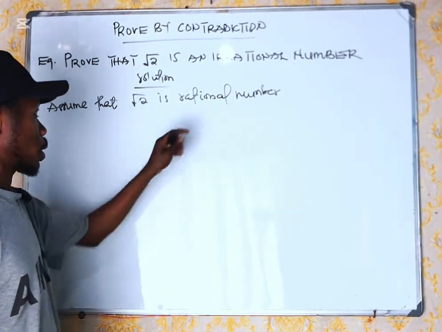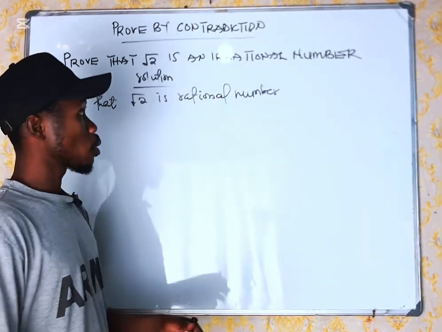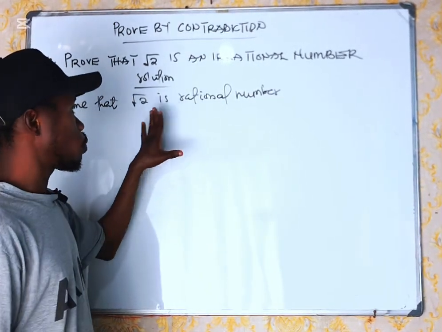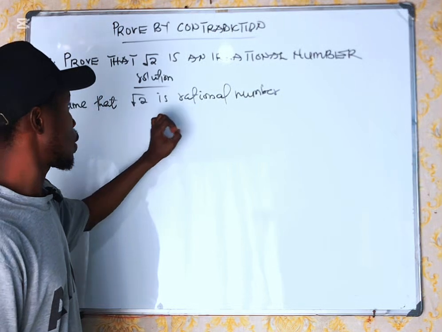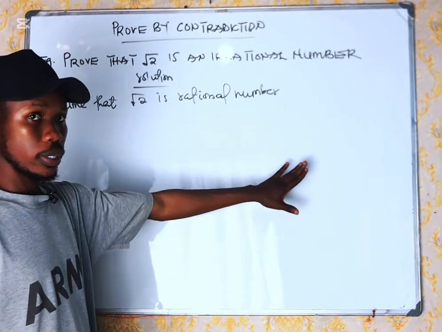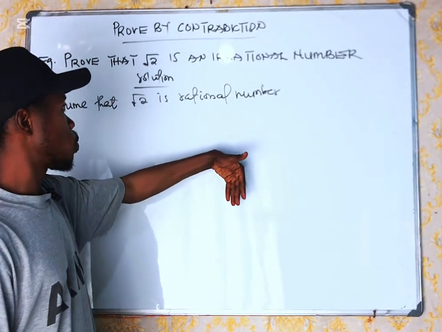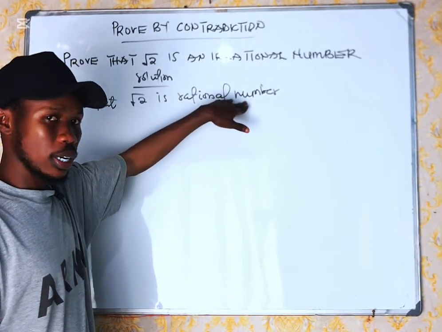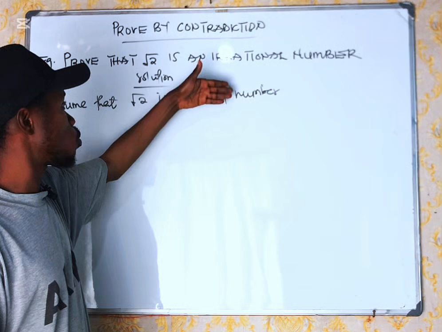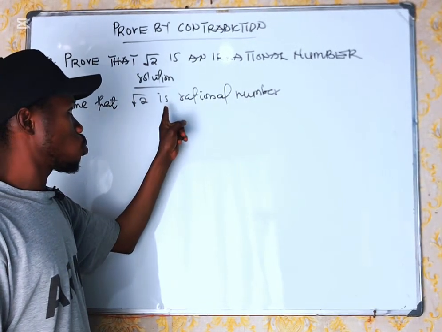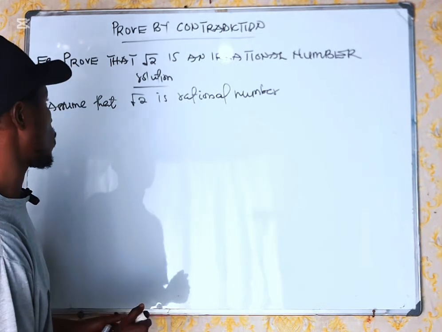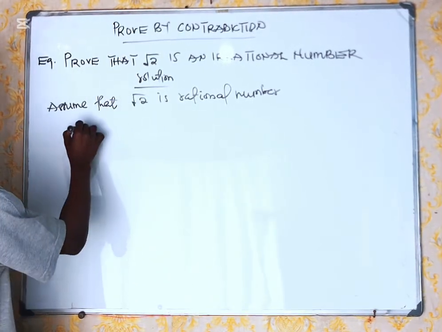Okay. This we are contradicting. We know that root 2 is never a rational number. So this is the assumption that I've stated. If I'm able to prove this wrong, that means I'm able to contradict this. Do you understand that? If I'm able to prove that this root 2 is irrational, then the proof is done.